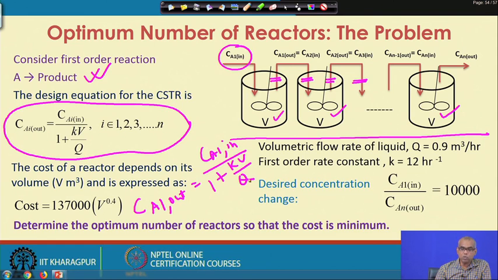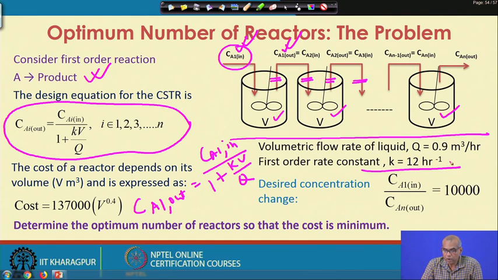Now, CA1 out is the outlet concentration of CSTR1, CA1 in is the inlet concentration to CSTR1, k is the first order rate constant, which is given as k equal to 12 per hour, V is the volume of each reactor in meter cube, and Q is the volumetric flow rate of these streams, which is 0.9 meter cube per hour.